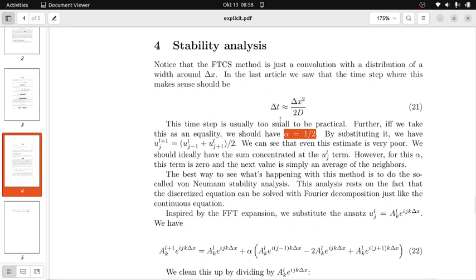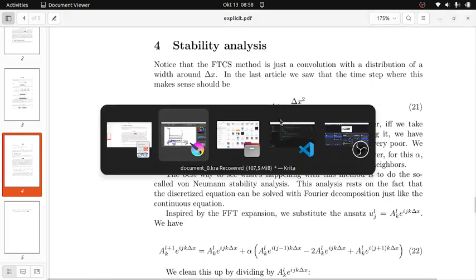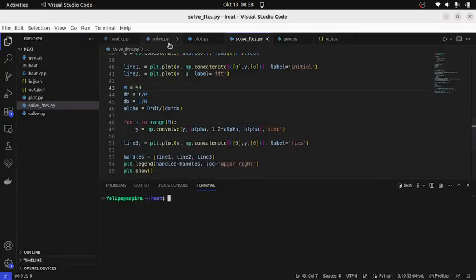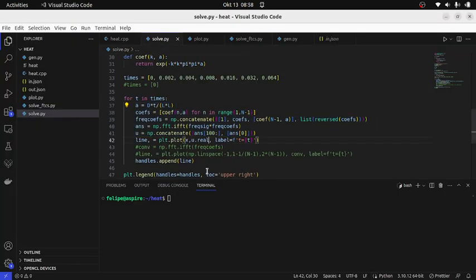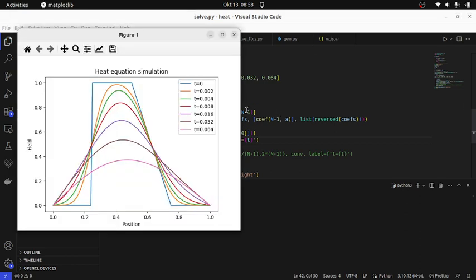If you remember the example that we did, you see here the yellow one where something starts to happen. Here this time is 0.002.